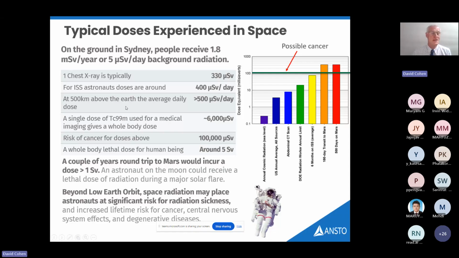This business with astronauts actually is quite interesting, because you probably see that you don't see many young astronauts going into space. They're all in their 40s. And the reason for that is that NASA and places look at the lifetime dose that you get, 5 microsieverts a day or a couple of millisieverts a year. And they say, how much will you get out in space in 6 months?